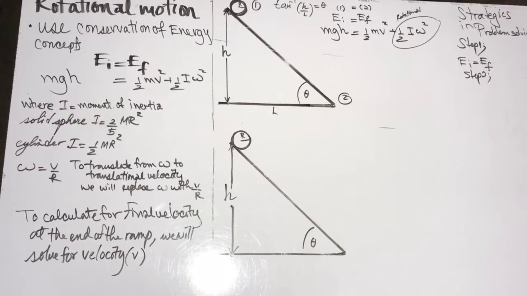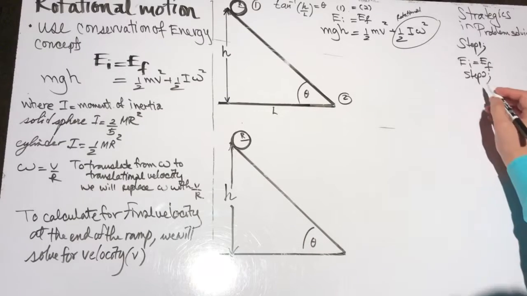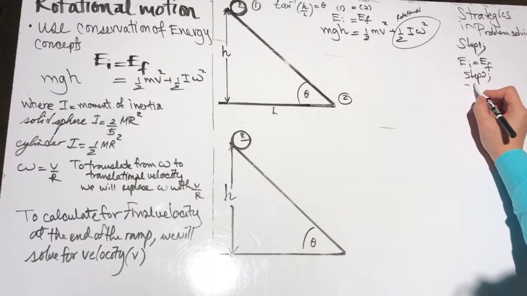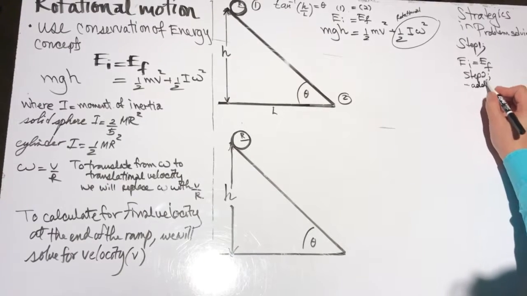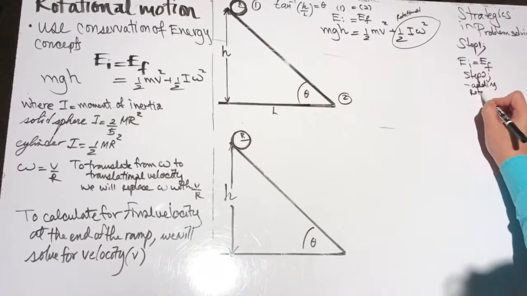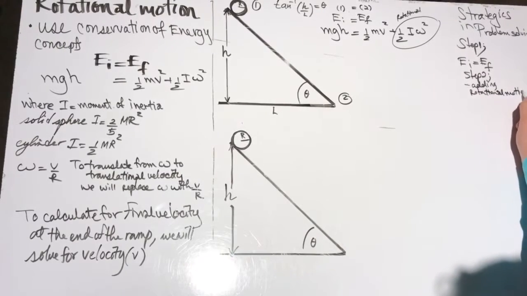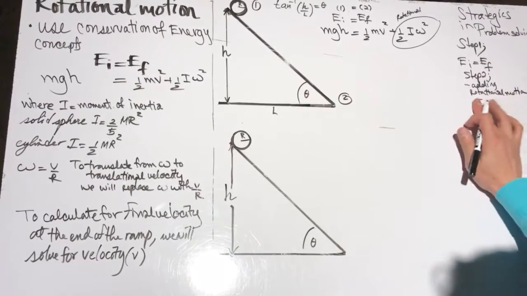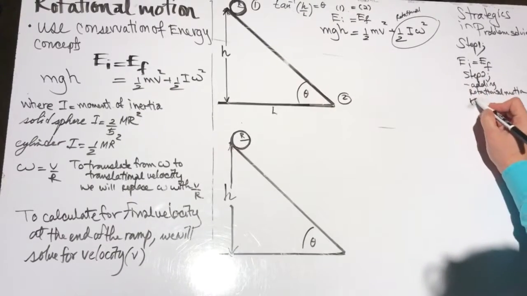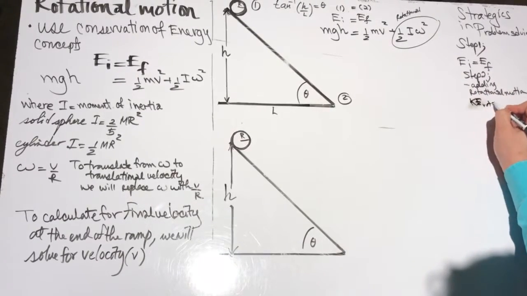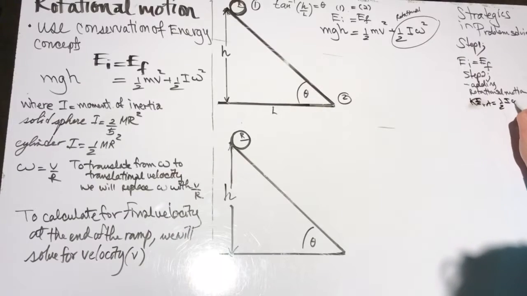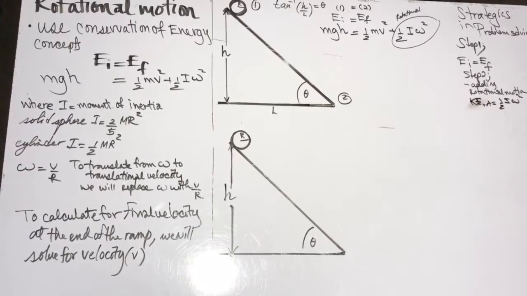So for step 2, we're adding the rotational motion, which is I. So I'm just going to say kinetic rotational is equal to 1/2 inertia times angular velocity squared. That's the formula for rotational.